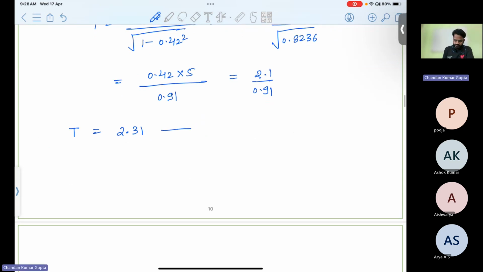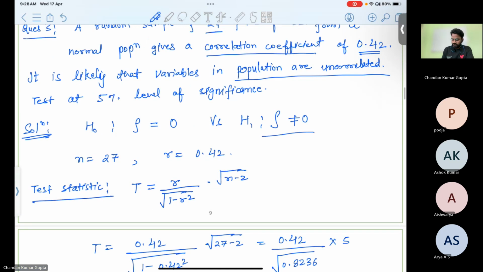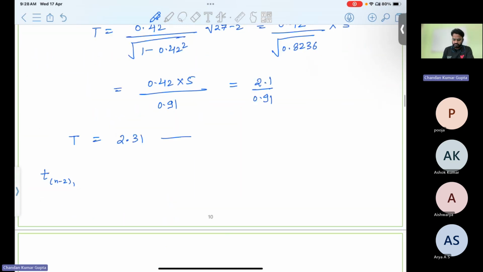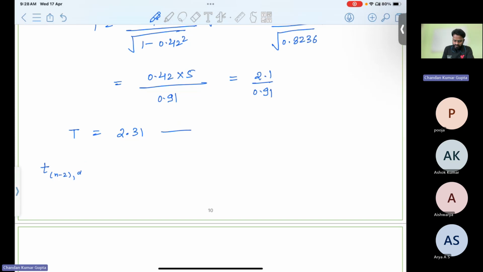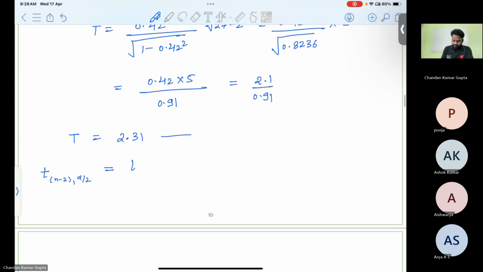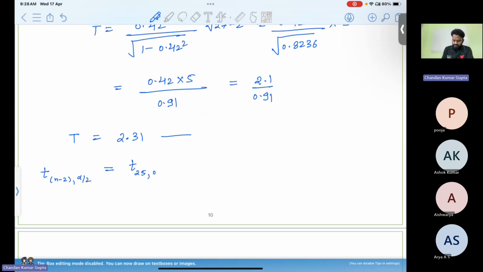Now the tabulated value of t at n minus 2 degrees of freedom, and again for the not equal to case, so two-tailed. So it is alpha by 2, and n equal to 27, so it is 25 degrees of freedom.